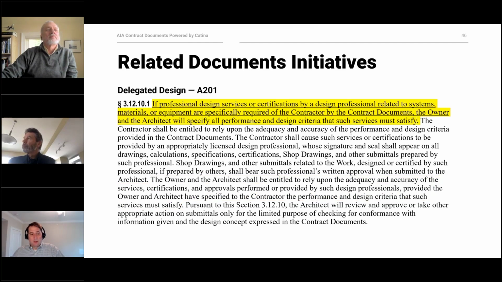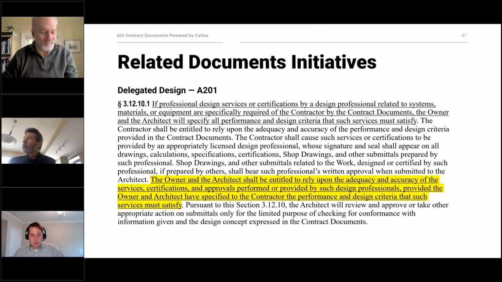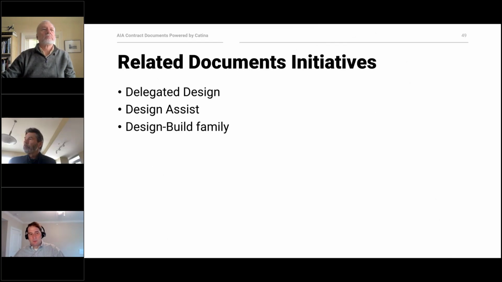And then the owner and the architect are entitled to rely upon the adequacy and accuracy of the services, certifications, and approvals performed by the contractor's design professionals. So that sets out again the level of formality and expectations between the two parties.